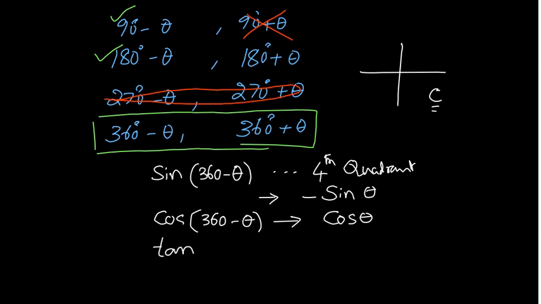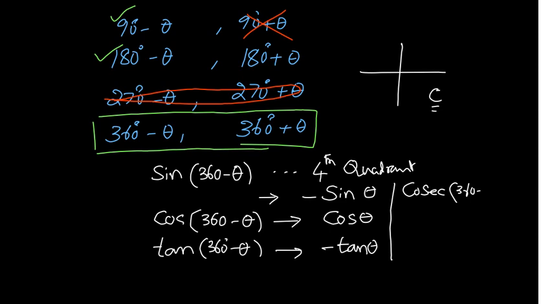Tan 360 minus theta is minus tan. Secant 360 minus theta is plus secant, since cos and secant are related.